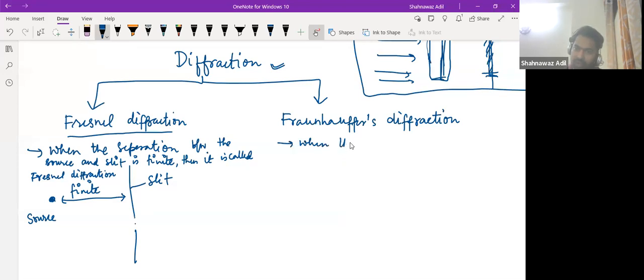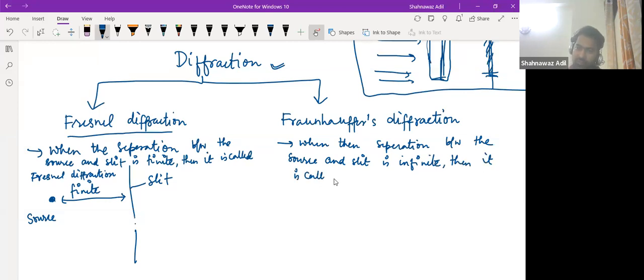So when the separation between the source and slit is infinite, then it is called Fraunhofer diffraction. Now I will ask you guys, how do we show the infinite wavefront? If the source is at infinity, what kind of wavefront is this?